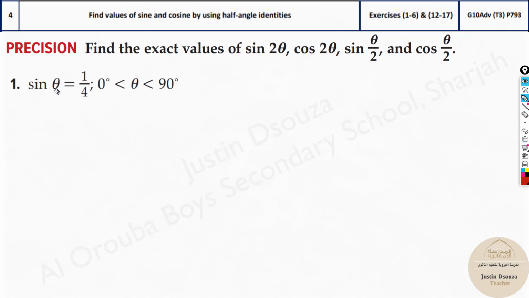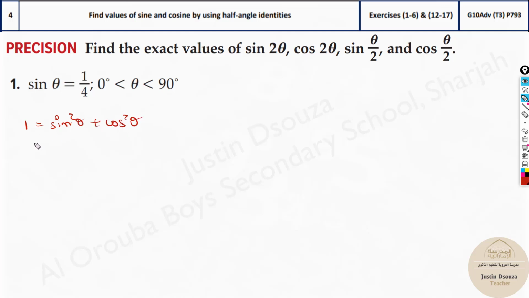How we solve is we require cosine. If cos theta was directly given, then you don't need to solve; you can directly use the half angle identity formulas. But here, step 1 would be using the Pythagoras theorem, that is 1 equals sine squared theta plus cos squared theta.